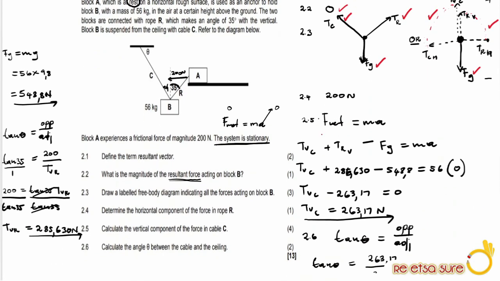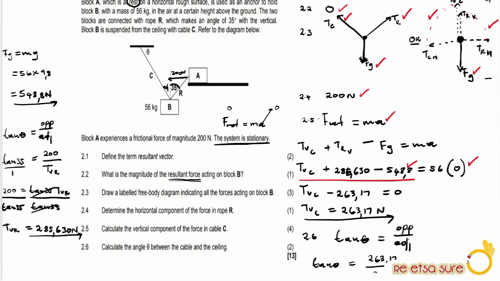Obviously, 2.4 is only 1 mark. You will get 1 mark for that, and then 2.5 is 4 marks. Obviously, for writing F net is equal to MA, and then for indicating that the acceleration is 0, you will get a mark. And then for the whole thing, these two values, you will get a mark.